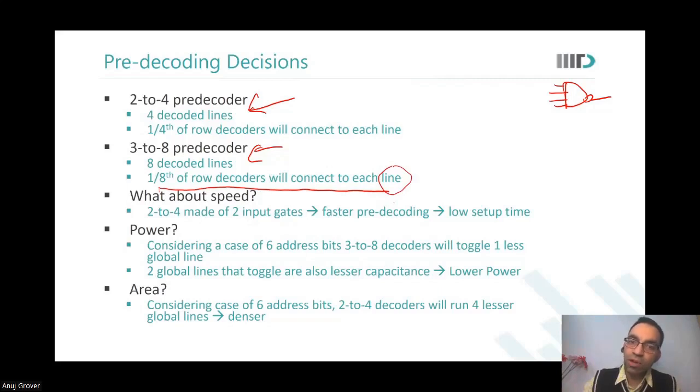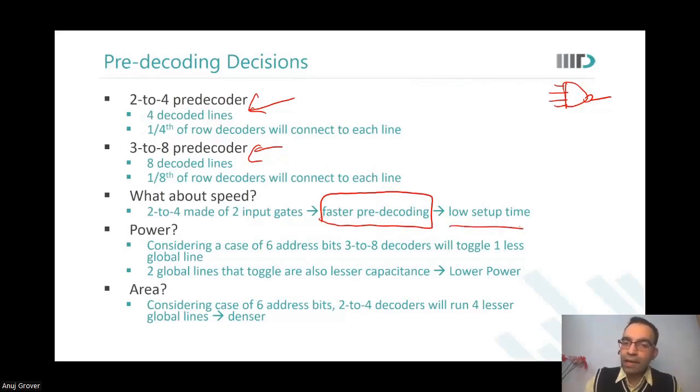Load reduces means speed can also improve. The speed is a mix of how fast the pre-decoding is, and secondly, the load on the pre-decoded outputs, because that would define how fast the post-decoding can be.